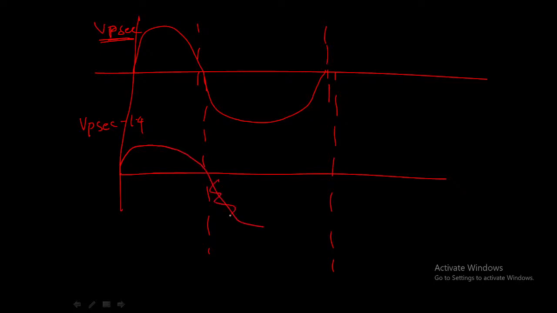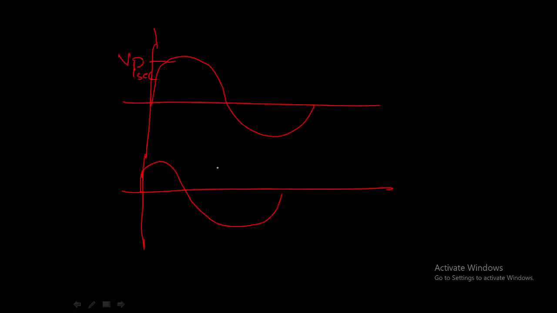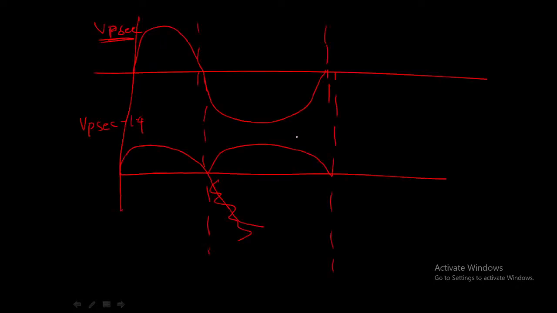Okay, it will be like this. No negative phase, only positive phase will be occurring at the output. Okay, so this is how. And remember, the frequency increases, not decreases. There is a change in the frequency. The frequency doubles in the full wave rectifier, whereas in the half wave rectifier there is no change in the frequency. Okay, this is the output.